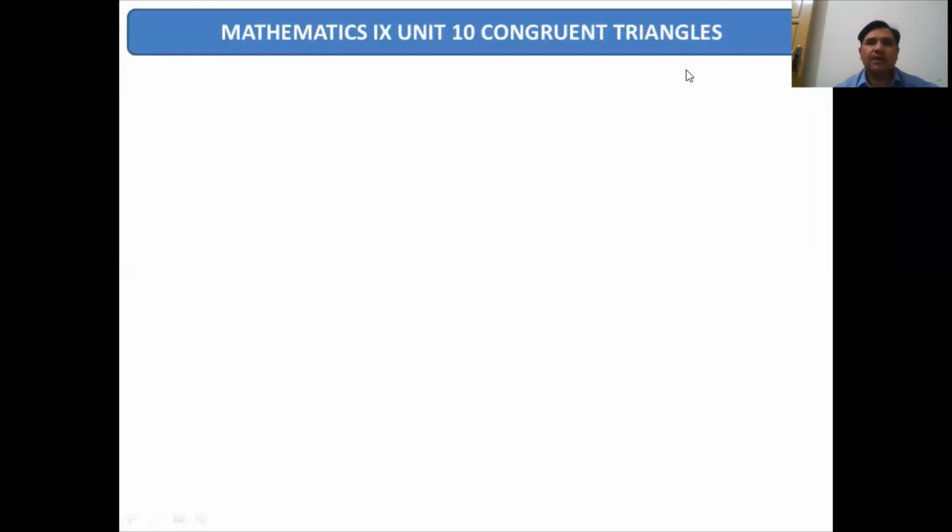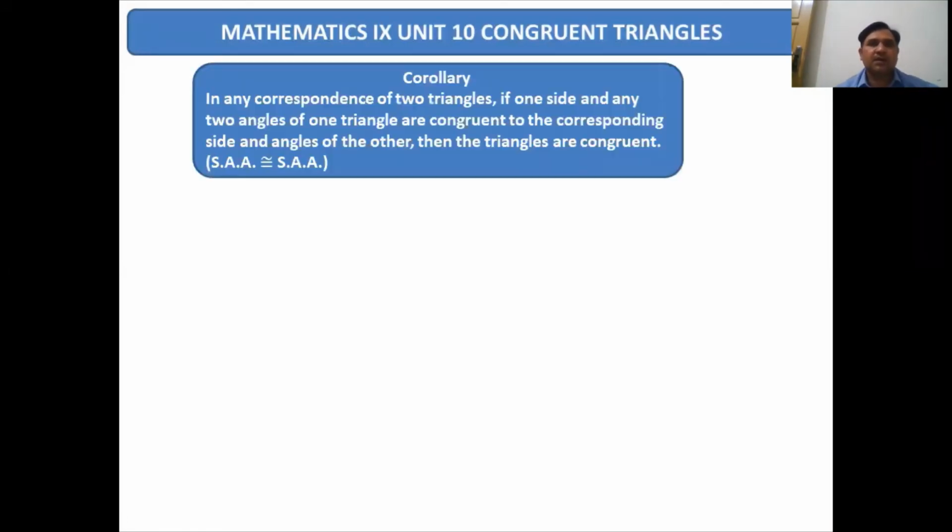Now we are going to prove the corollary related to this theorem. Statement: in any correspondence of two triangles, if one side and any two angles of one triangle are congruent to the corresponding side and angles of the other, then the triangles are congruent.